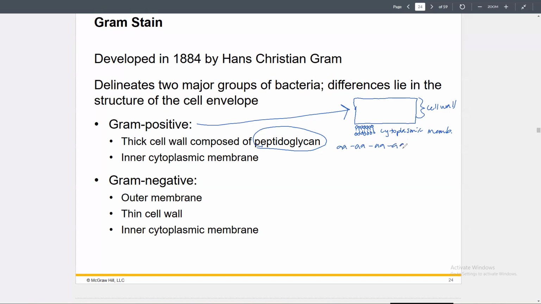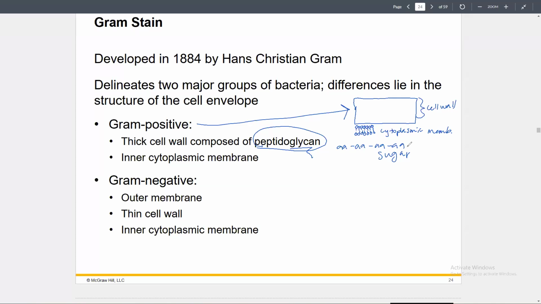So you have short chains of amino acids linked together, and then glycan gives away another molecule that's in there. You guys remember what that would be? Sugars. So we're just talking about amino acids that are linking together chains of sugars. So we'll have long chains of sugars cross-bridged by our amino acids. I'll show you what it looks like in a moment. That's what peptidoglycan is. And it's like a scaffolding that's built up to make up these walls.